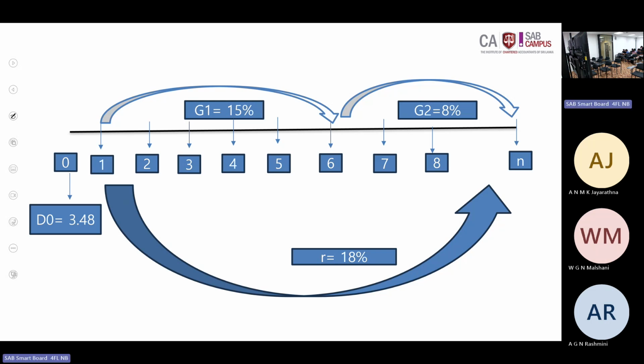For the 6 years, each time 1, 2, 3, 4, 5, 6. And then the individual balances should be divided by 1 plus r to the power 1, 2, 3, 4, 5.